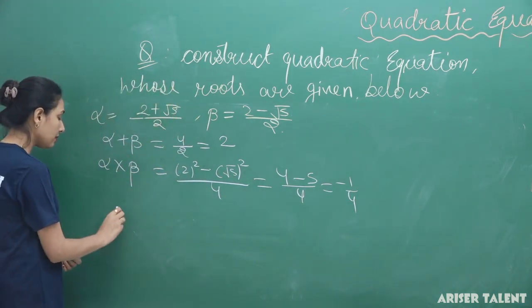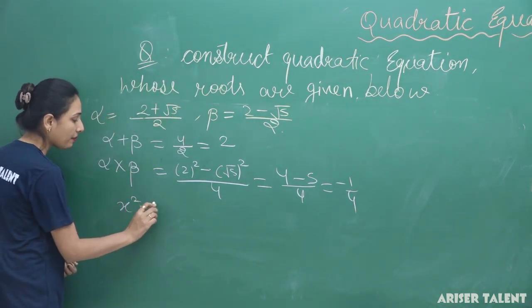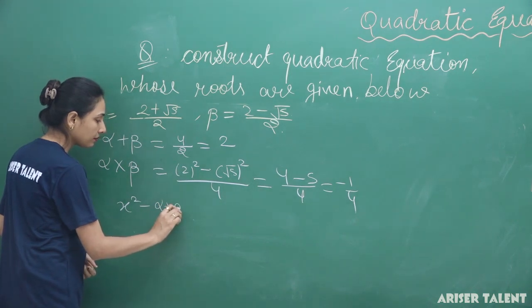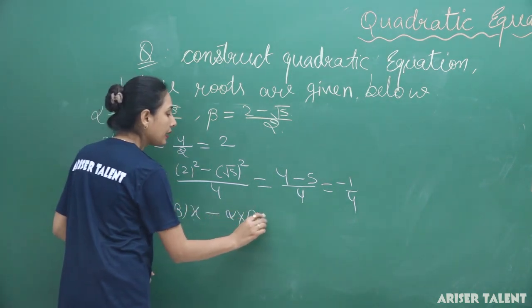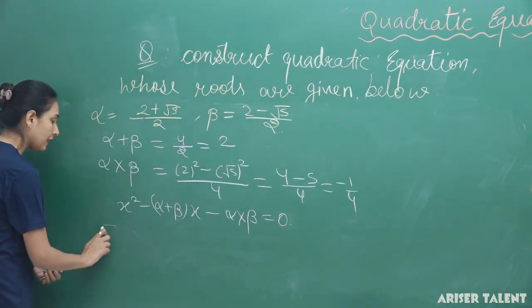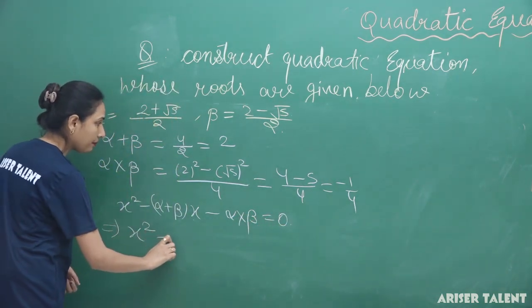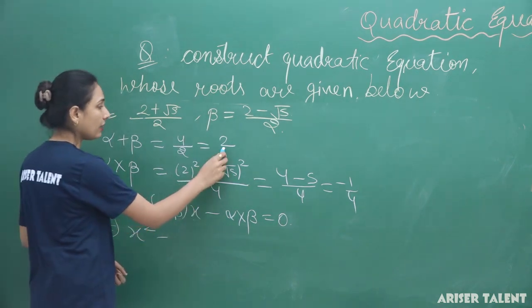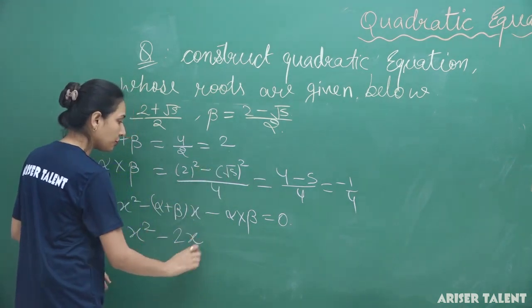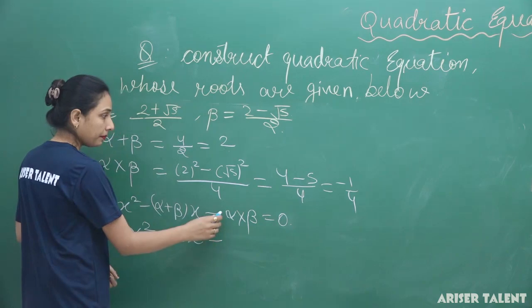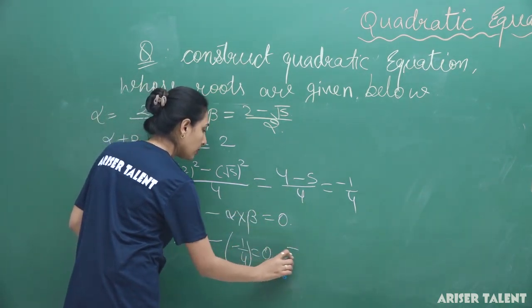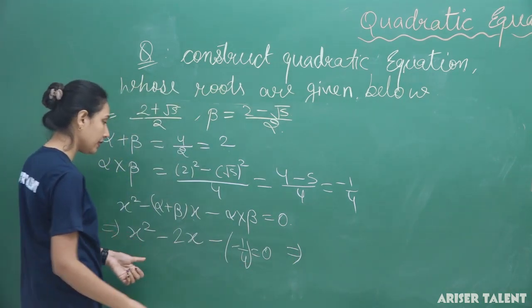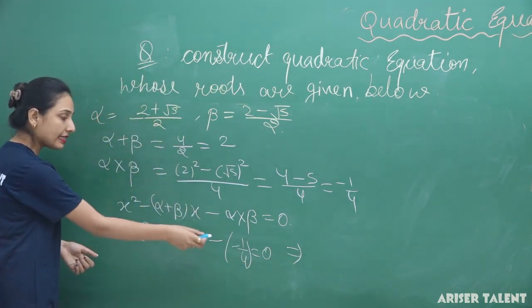Okay, now I will be getting this equation as x square minus alpha plus beta x plus alpha multiplied by beta equals to 0. That means the equation will be: alpha plus beta is 2, so 2x, and alpha beta is minus 1 by 4, equals to 0. This implies that we can take the LCM as 4.